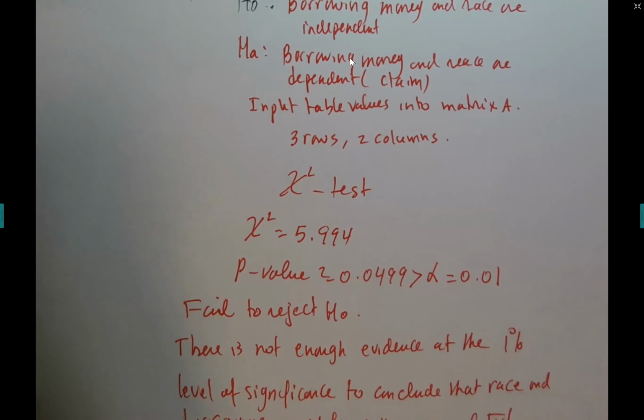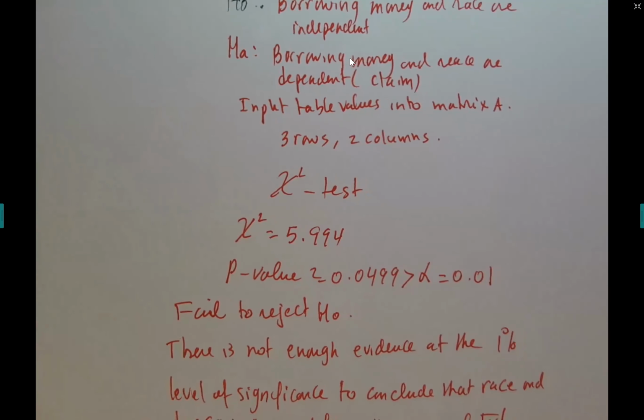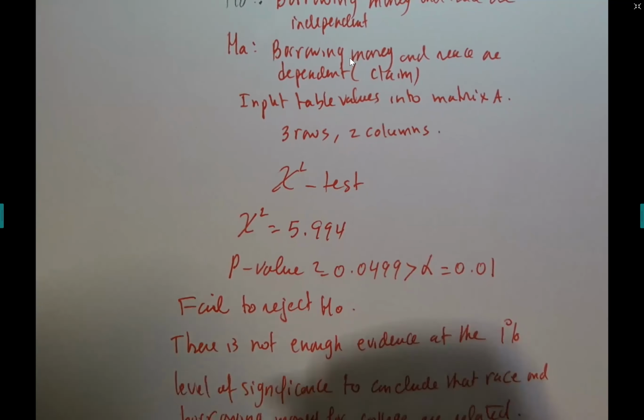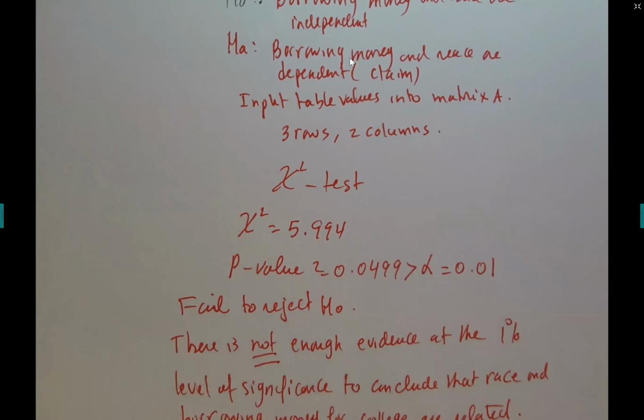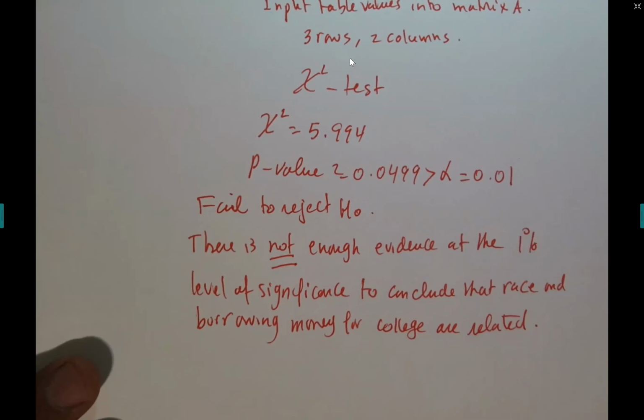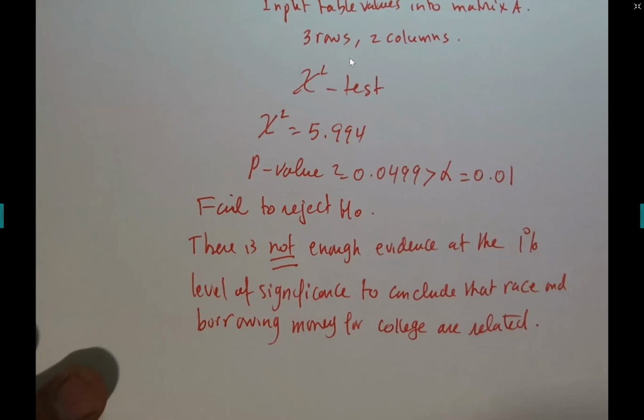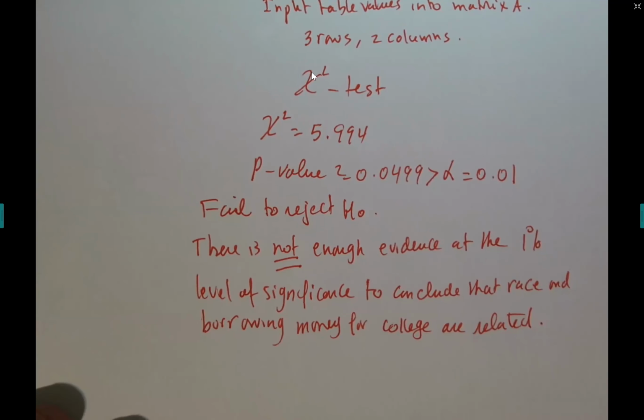However, guys, at the 5% level of significance, you would say that they are related. Okay, so that concludes section 10.3. I'm going to jump, guys, to section 10.4 in the last few minutes.